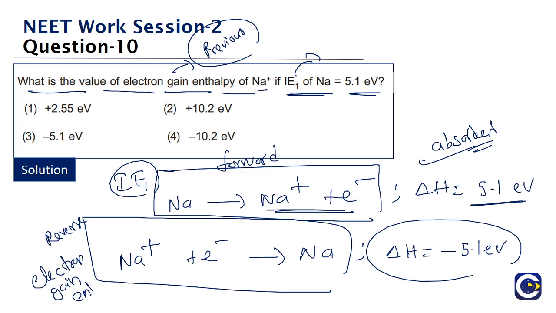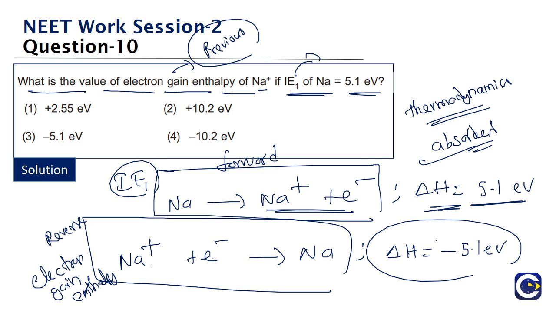Electron gain enthalpy means the enthalpy change involved when an electron is given to Na plus. So it is the reverse of the previous process. If you reverse the equation, the heat exchange or enthalpy change becomes the negative of the original value. This we will study in thermodynamics, so maybe you can make a note of it.